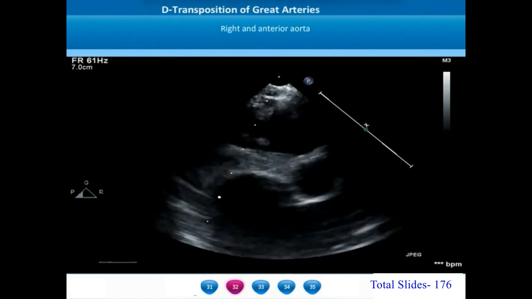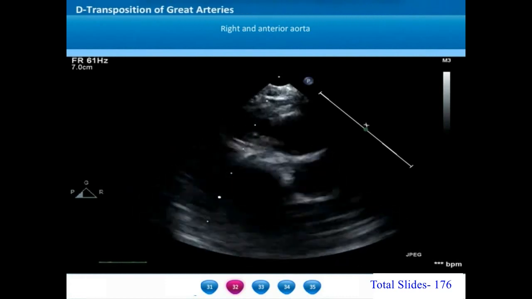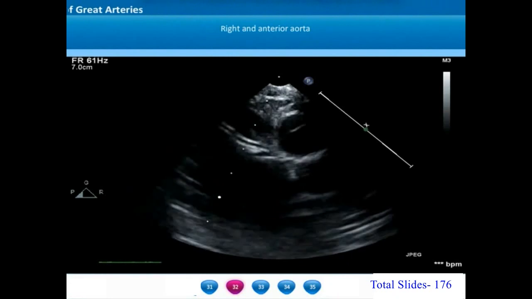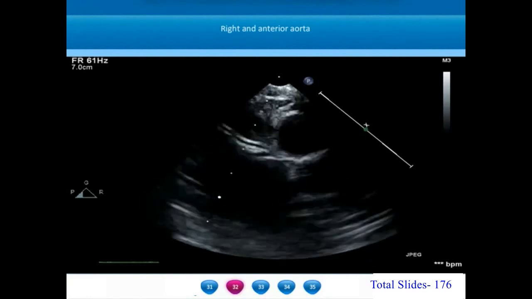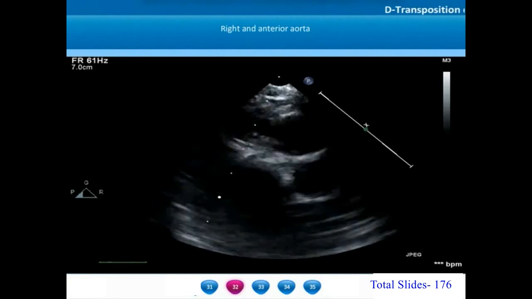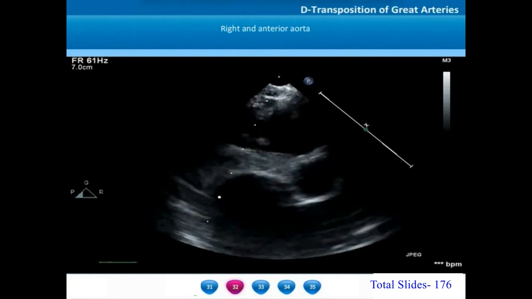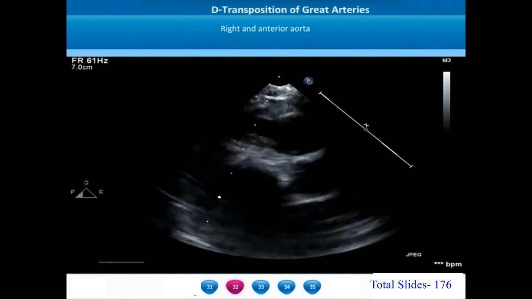The parasternal short axis view is the best view to evaluate the relationship of the great arteries. Here the aortic annulus is right and anterior to the pulmonary annulus. We can notice the trileaflet aortic valve and a trileaflet pulmonic valve.